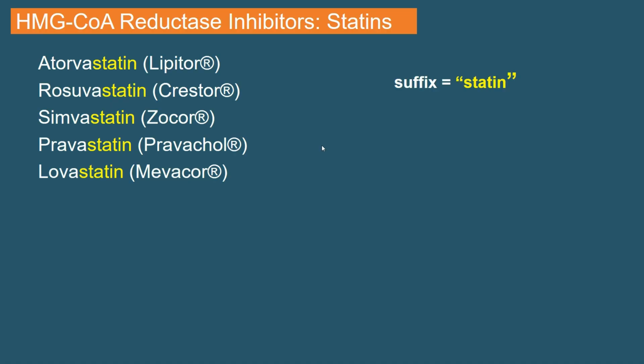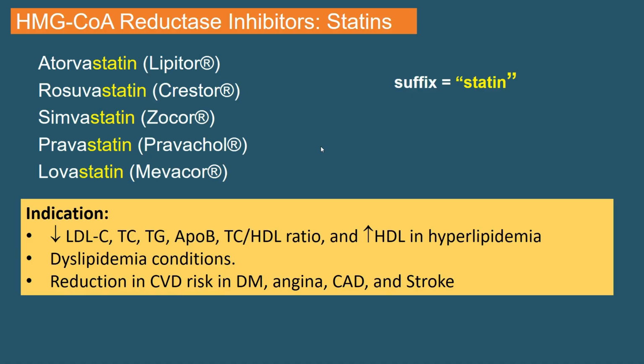All these statins have the suffix statin, and they are indicated or clinically used for lowering LDL cholesterol, which is low density lipoprotein cholesterol. Also, it helps in lowering total cholesterol and triglyceride, apolipoprotein B, and the total cholesterol to HDL ratio, and also slightly increases HDL, which is a good thing.